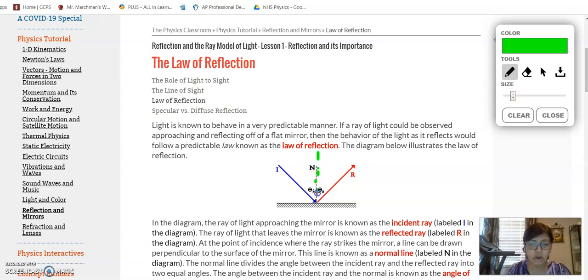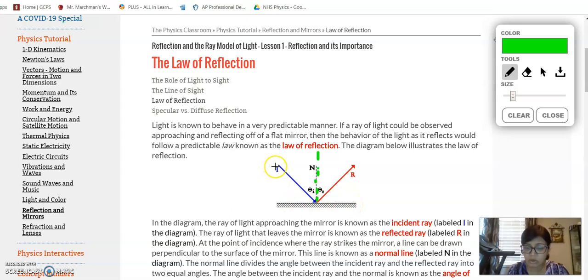Remember, the law of reflection states that the angle of incidence is equal to the angle of reflection. What does that mean? In physics, the horizontal line at the bottom indicates the surface, and the normal is drawn perpendicular to the surface.